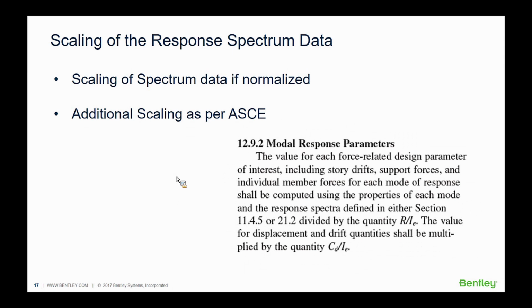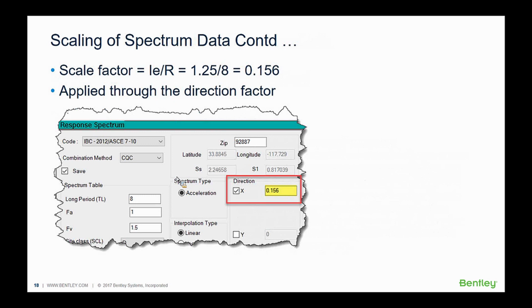One also needs to be mindful of the fact that for displacement and drift calculations, the results need to be multiplied by the factor CD by IE. So for our model, the scale factor is calculated as IE by R. IE is the importance factor of 1.25 and R is the response modification coefficient.